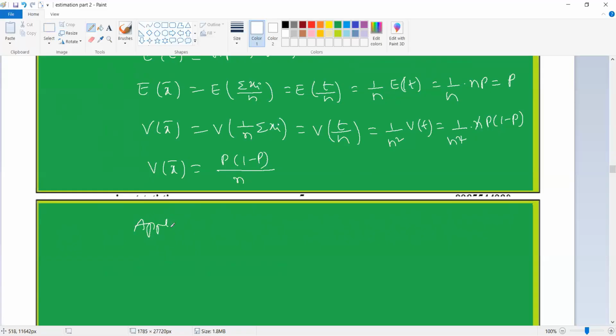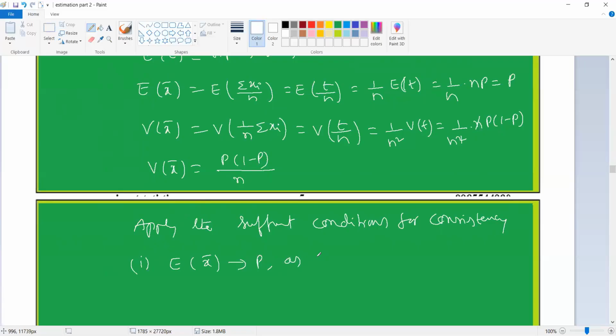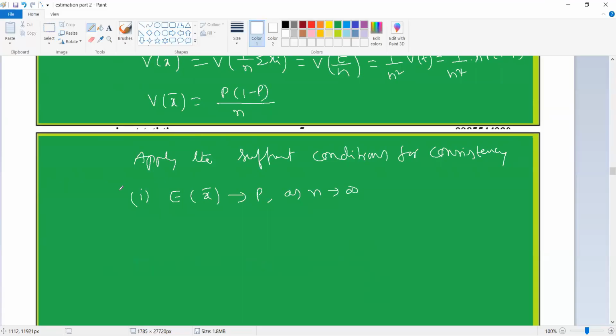Apply the sufficient conditions for consistency. Expectation of x bar tends to p as n tends to infinity.